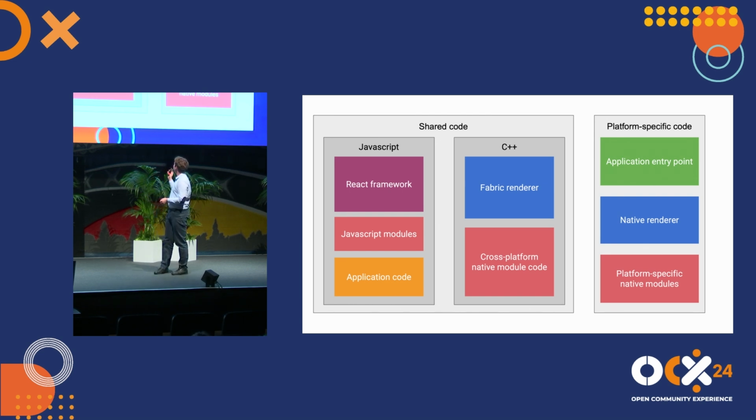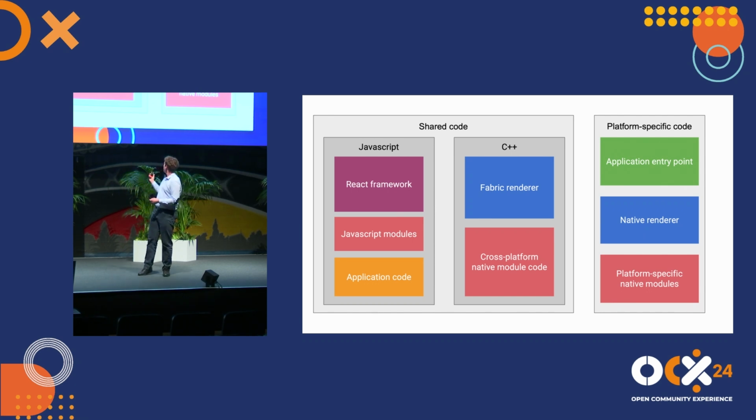On the other side of that, we have the platform-specific code. So you need to provide some application entry point, which will start your application, which will initialize React Native. It needs to be written in native code for that specific platform, like any other application on that platform. There's also the native renderer, which renders your UI using the different native views.